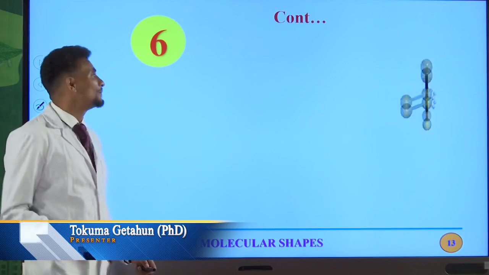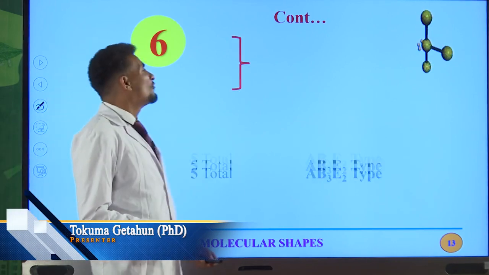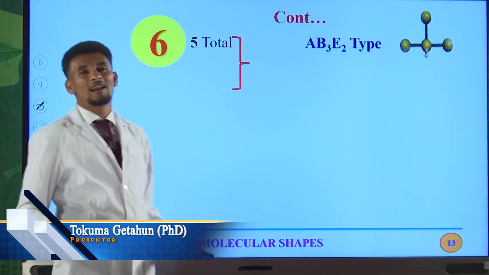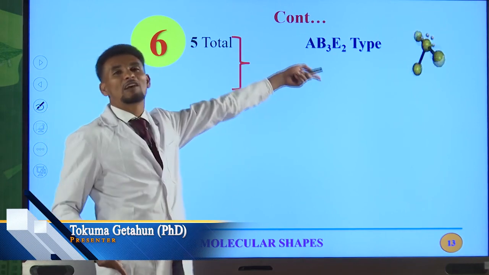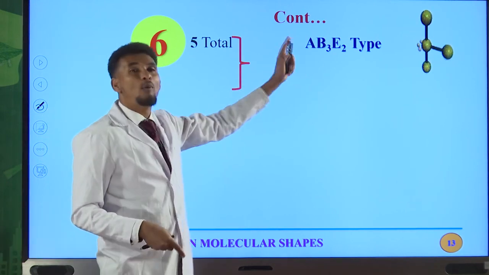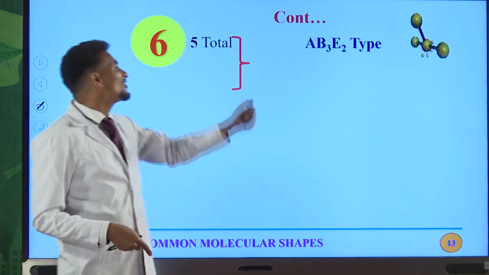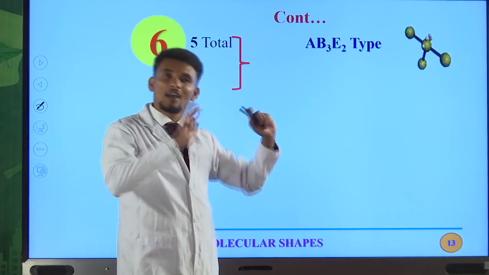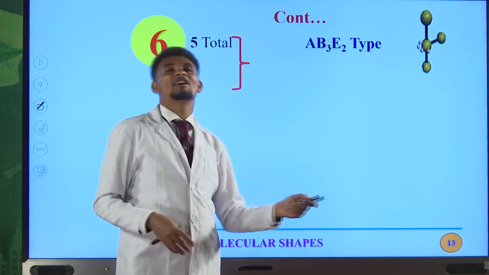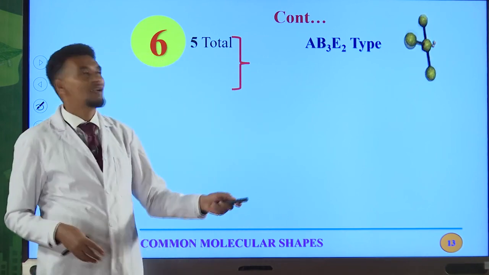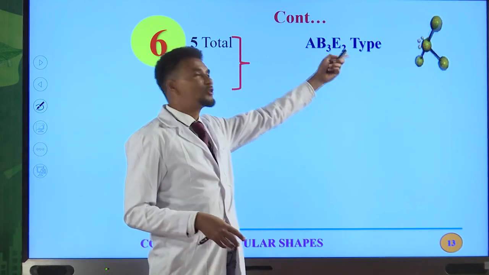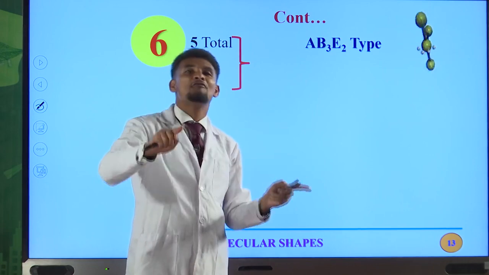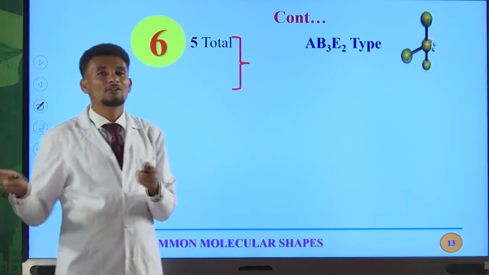The sixth one: from trigonal bipyramidal, if you have two lone pairs of electrons and three bonding pairs of electrons, what is its electronic geometry? It is simple. Its electronic geometry is trigonal bipyramidal, because 3 plus 2, we have 5 electron pairs.